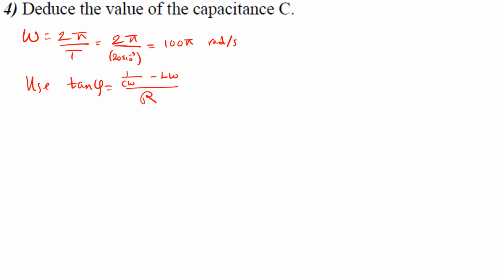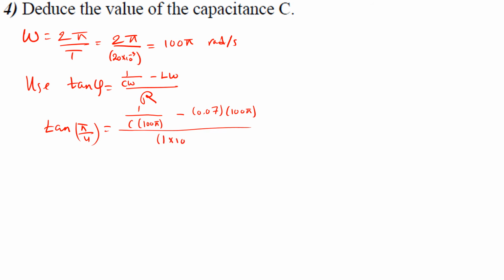So we replace tan of pi over 4 is equal to 1 over C, which is unknown, omega is 100 pi, minus L is 0.07, omega is 100 pi, over R, which was 100 kilo ohms, or 1 times 10 to the power of 5 ohms.